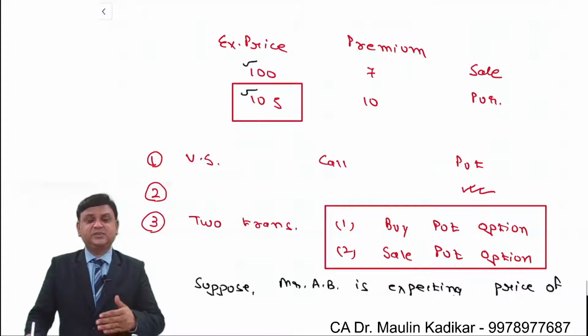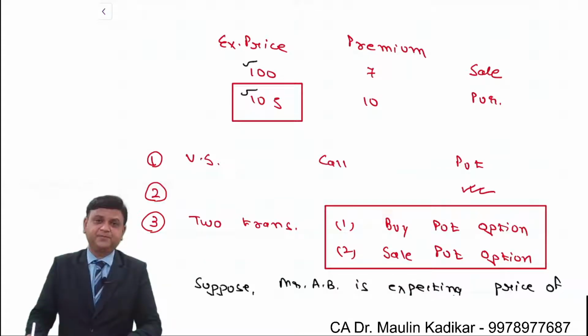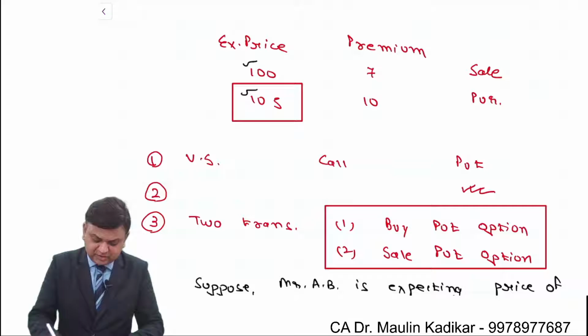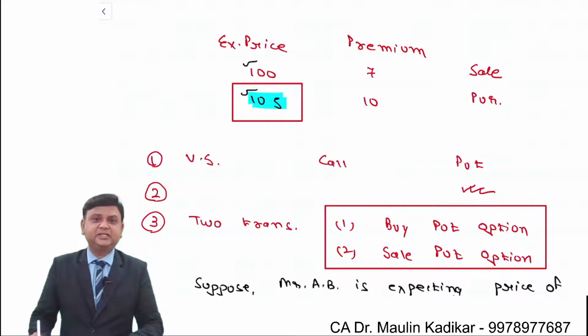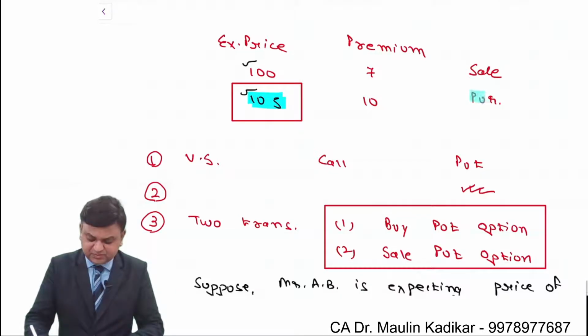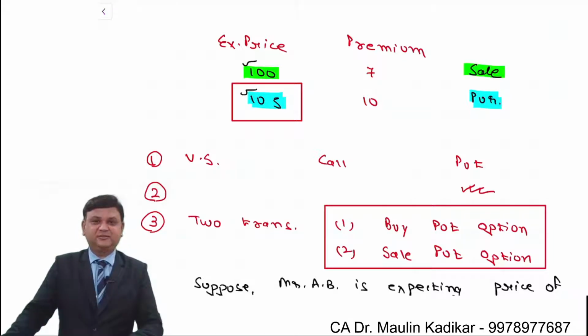But which exercise price option you will purchase, which exercise price option you will sell, that depends upon your anticipation about the change in the price. If at all you are expecting the price to fall down, then in that case you should purchase option which is having higher exercise price, and you should sell the other option. This is what we understand.